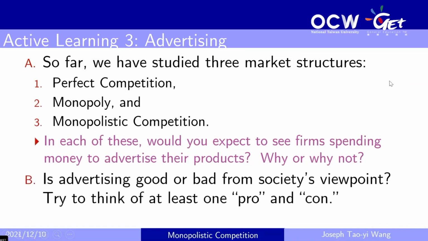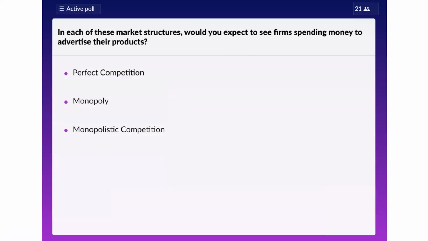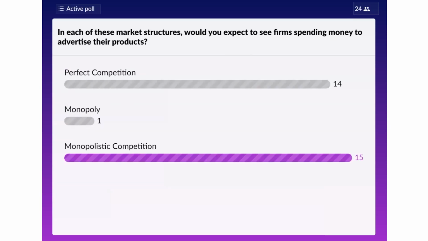And the next one is, do you think advertising is good or bad from the society's standpoint? So try to list at least one pro or con. So which of these market structures would you expect firms to be spending money on advertising? Perfect competition, monopoly, or monopolistic competition?